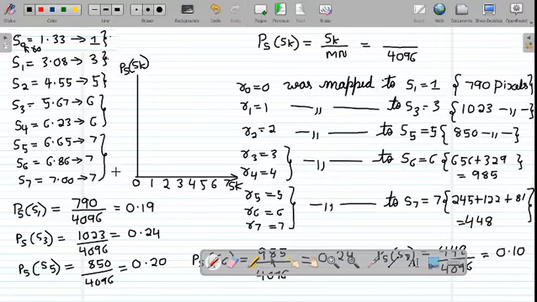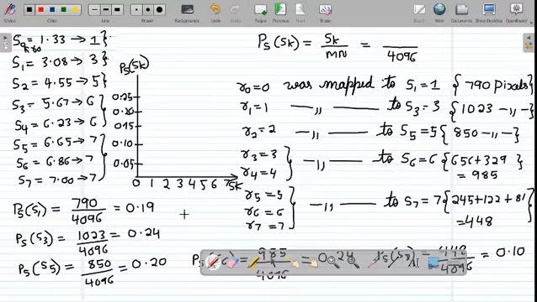Next, for PS of SK, let us consider a unit of 0.05, then 0.10, 0.15, next 0.20, next 0.25.